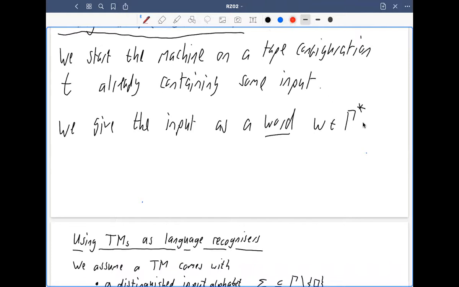So by word, I just mean a finite sequence of symbols from Gamma.